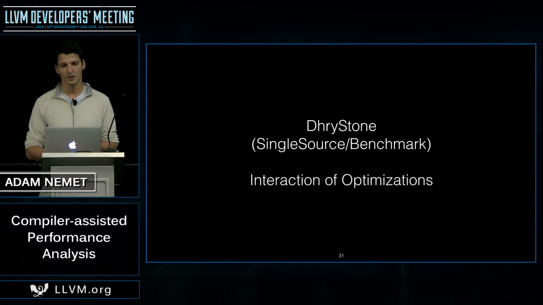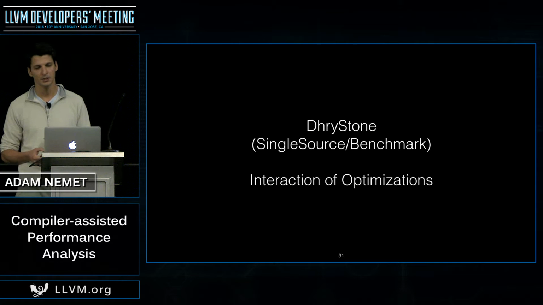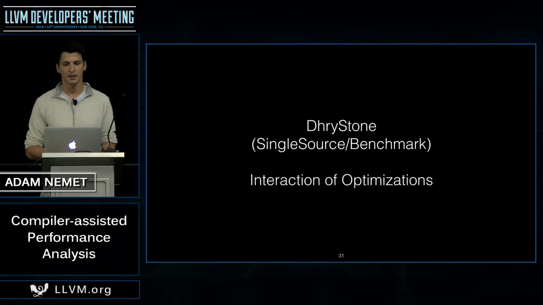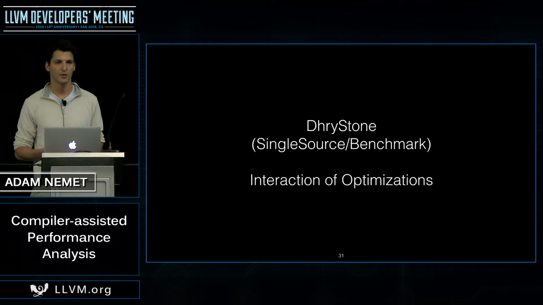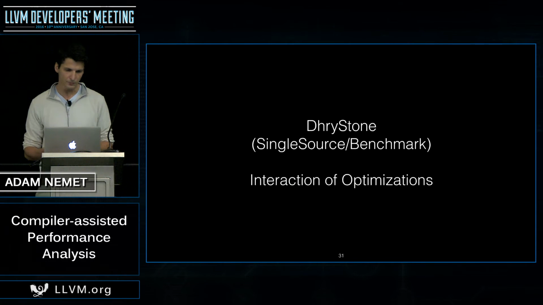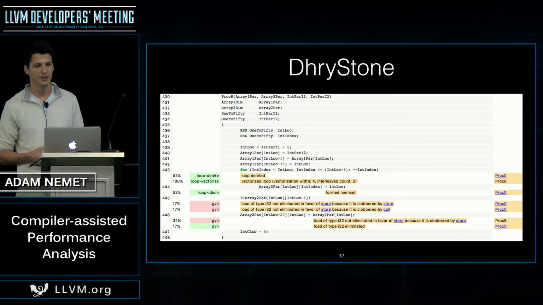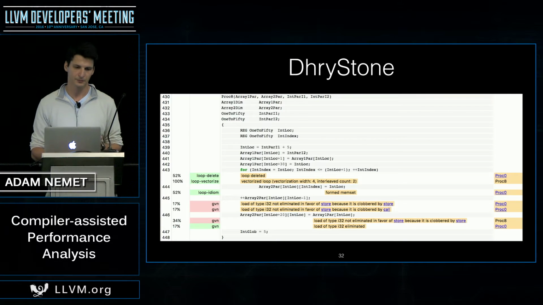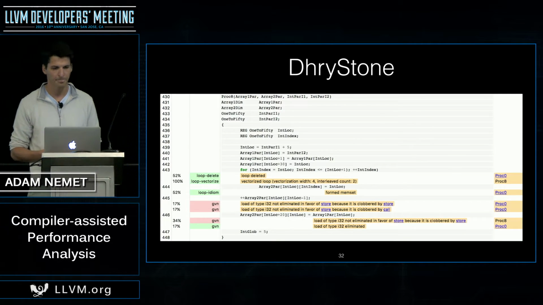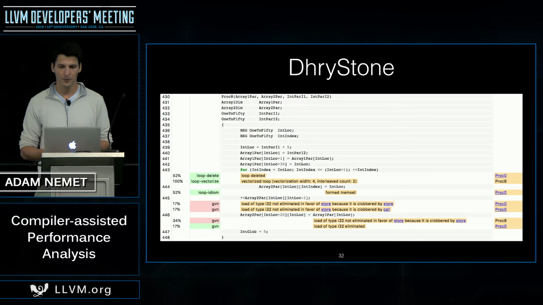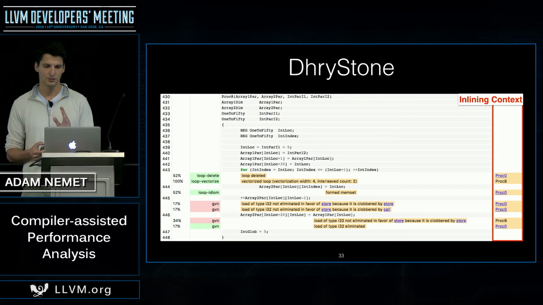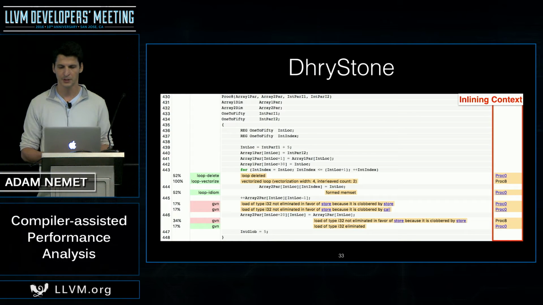Okay, so the first example I want to show is from Dhrystone, and it showcases the interaction of optimizations. If we click on the hottest remark on the index page, it takes us to this function, called proc8. On the far right-hand side is a new UI element I have not introduced yet, called inlining context.